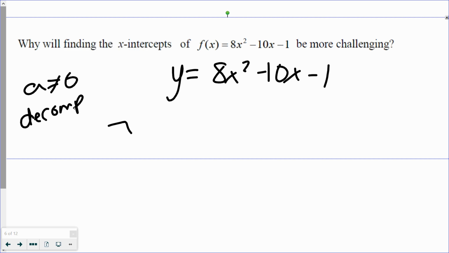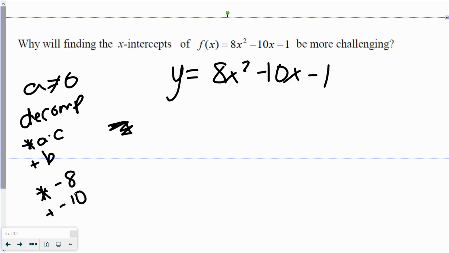Remember what decomposition means is we're going to be splitting the b term into two parts. We're looking for something that multiplies to be equal to the product of a times c and adds to be equal to b. So we're looking for two numbers that multiply to a times c, so that's 8 times negative 1, so multiplies to be equal to negative 8 and adds to be equal to negative 10.